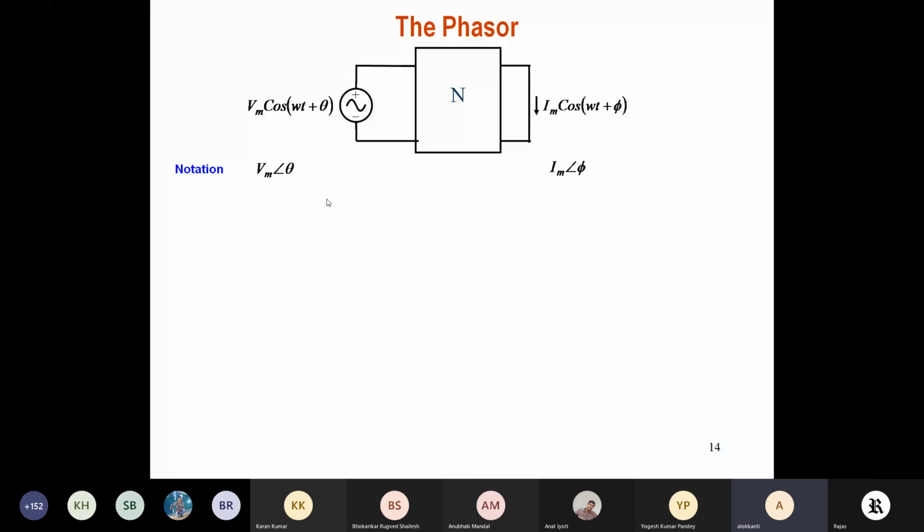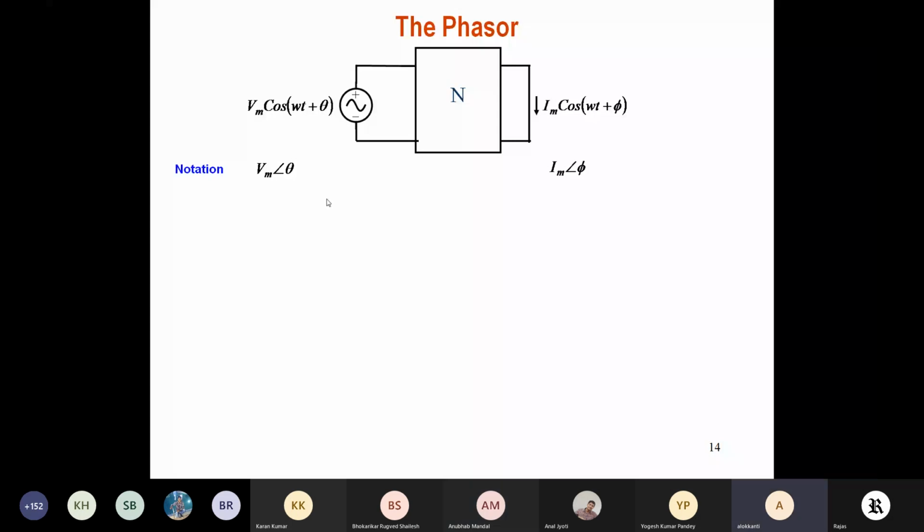Since a lot of mathematics has to be done, we'll adopt some notation, and it is sufficient to remember only the magnitude and the phase. Clear? Yes, sir.